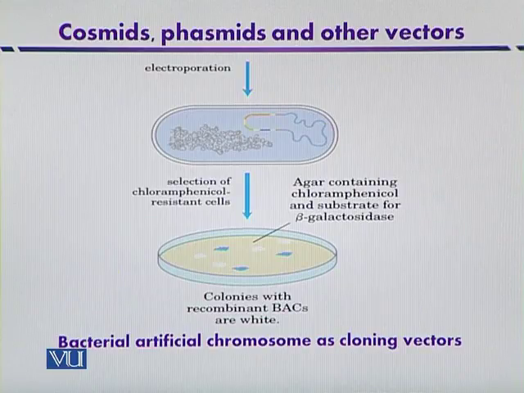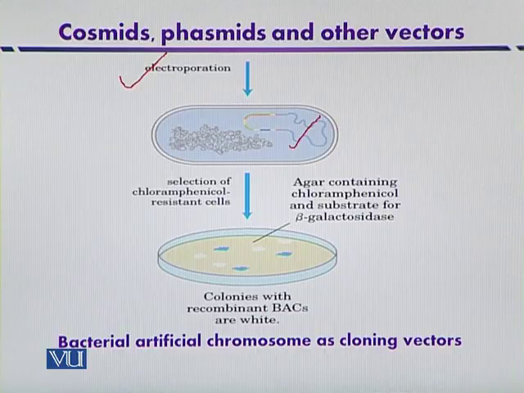In the next step, when foreign DNA is ligated within the bacterial artificial chromosome, then as a result of electroporation, the foreign DNA along with BACs is inserted into the host organism, and then they are selected on the basis of selectable marker.